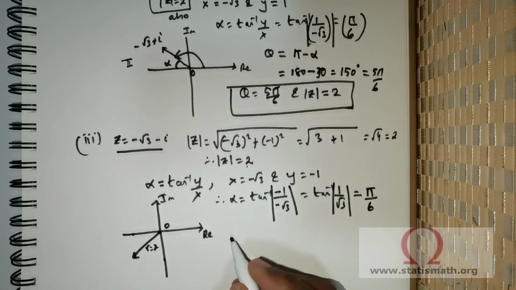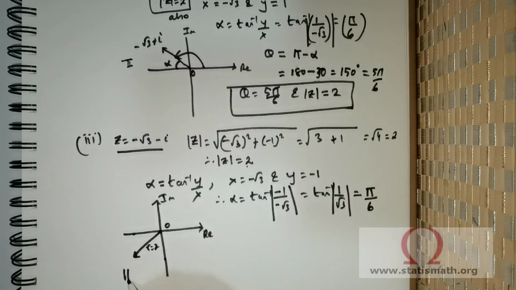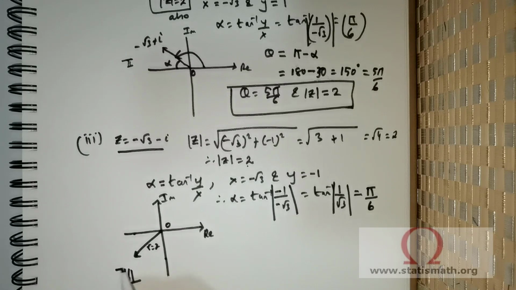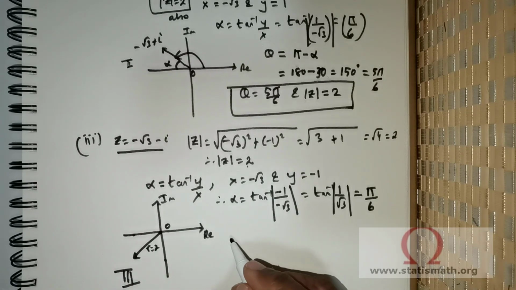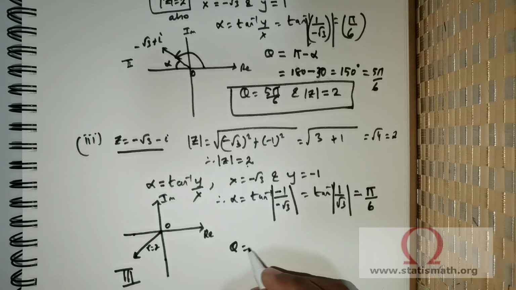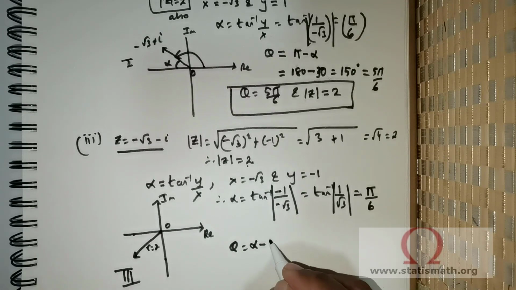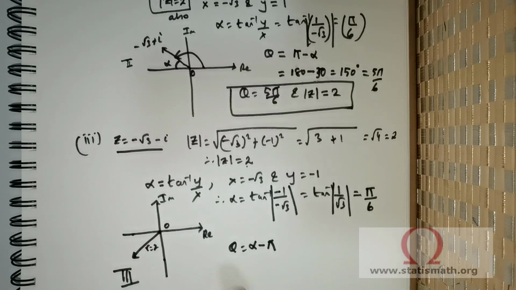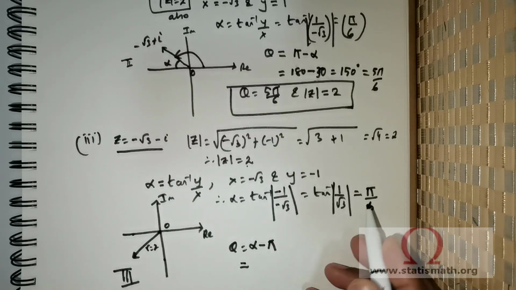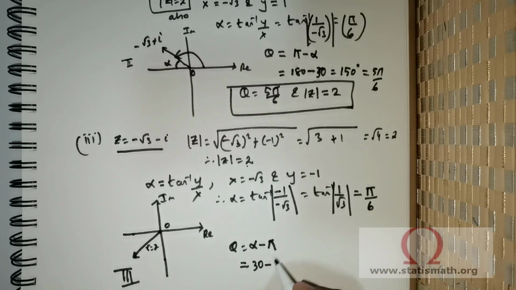Anyway, the most important part, since I know the argument or the amplitude is present in the third quadrant, I know the value of theta is got by subtracting pi from alpha. So alpha minus pi would give me the value of theta. So in this case my alpha is 30 degrees and my pi is 180.